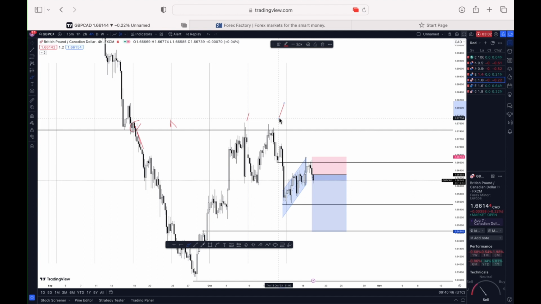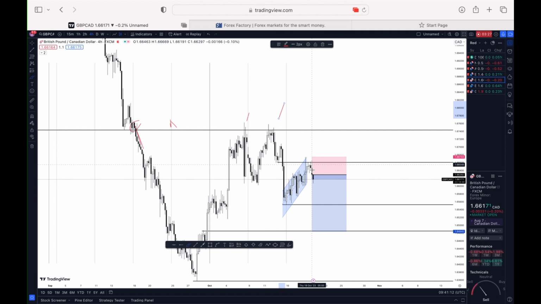After that, we can see how strongly it rejected here. The market soared to this particular point, and then I found the market in this corrective wave here. Understanding the market structure, we know the market gives us an impulsive move to the downside and a corrective move to the upside.